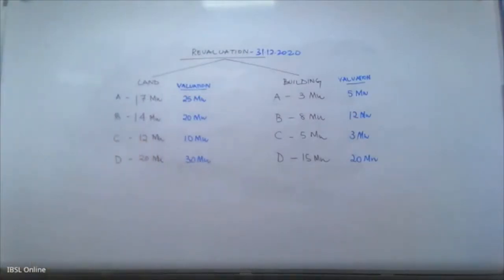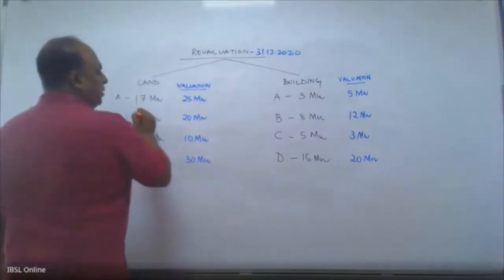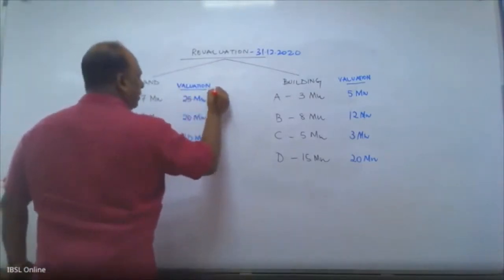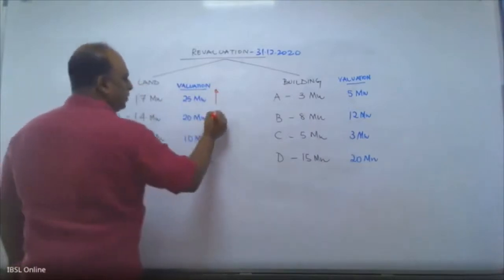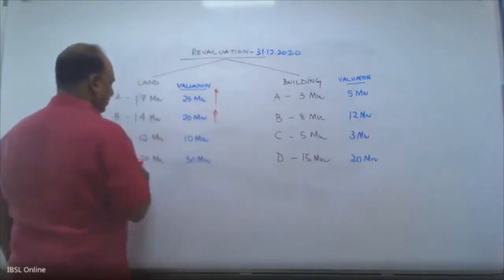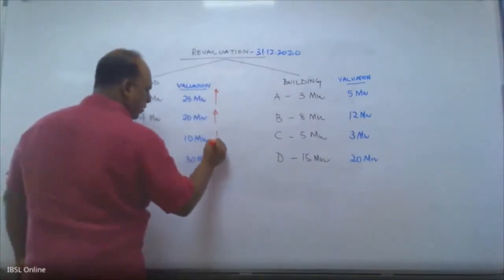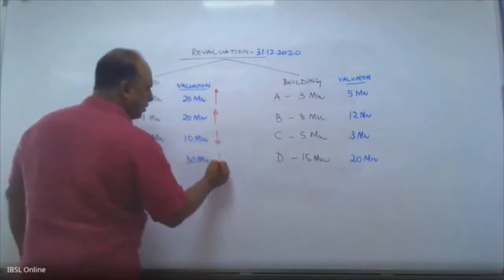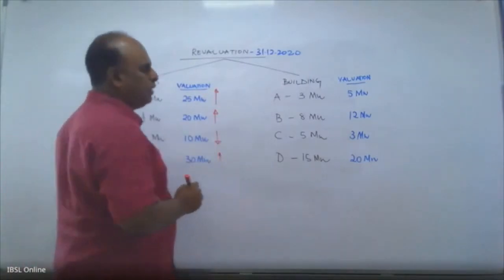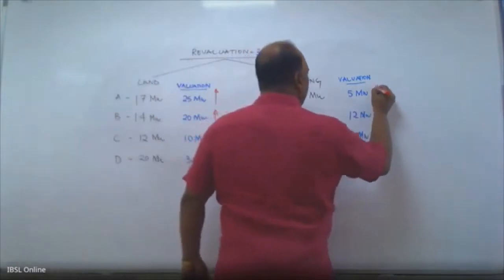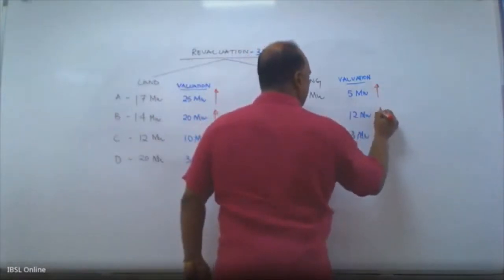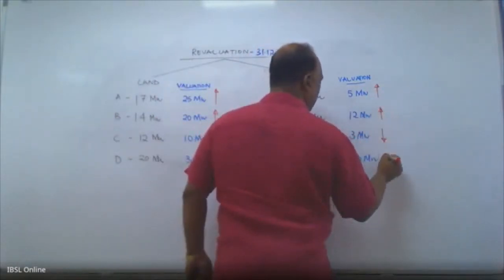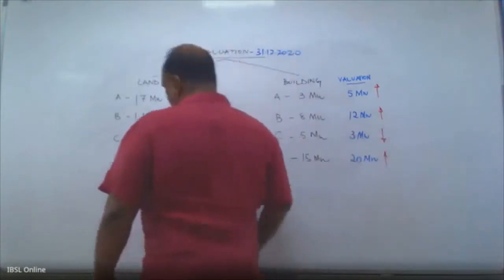So now if you look at it, when you compare, the value has gone up, value has gone up, value has come down. Here also, value has gone up, come down. This is the situation.